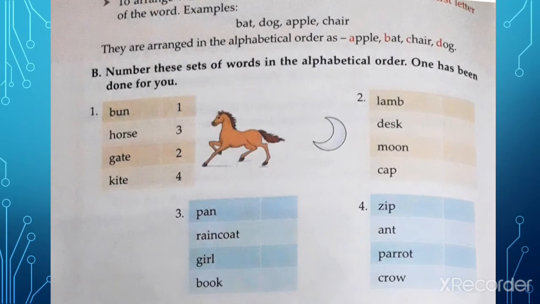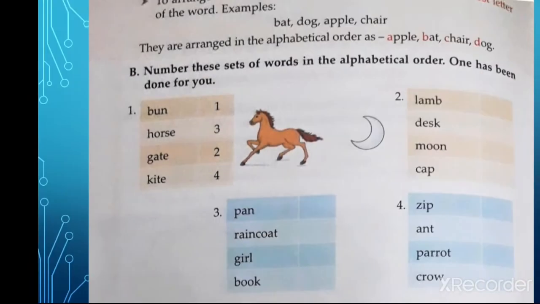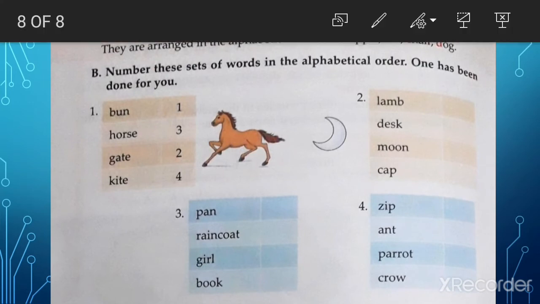Now page 8. Here are some words. You have to put them in alphabetical order. First look at the example. Bun. House.